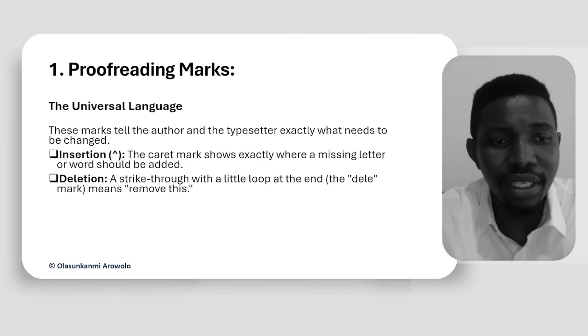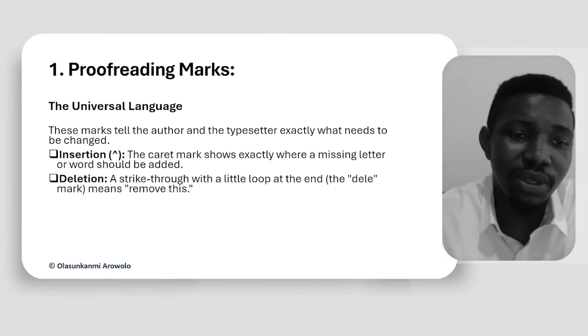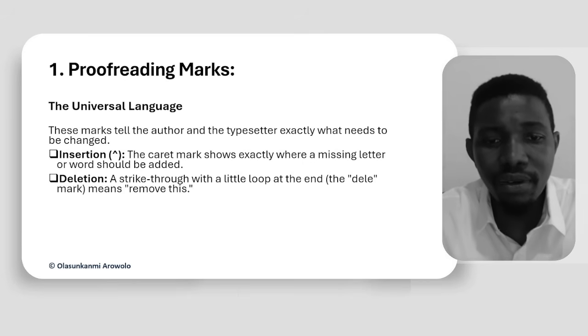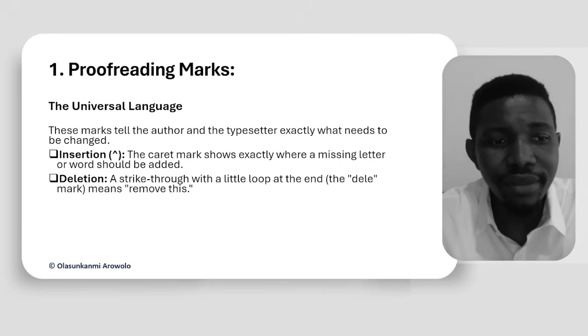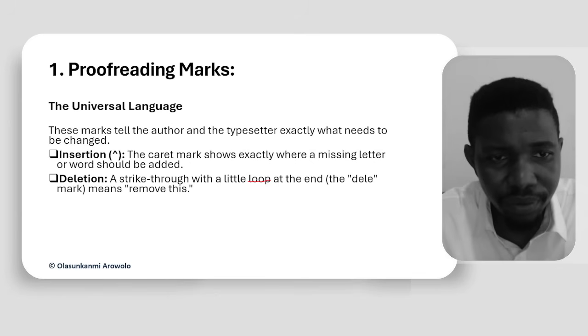So I'm just erasing this so you can see clearly. If you want to erase, all you need to do is strike through, and the typesetter knows what to do with that. For example, I want to remove this here. Let's give an example where we have "you walk to school." Instead of saying remove this, you can just strike through.